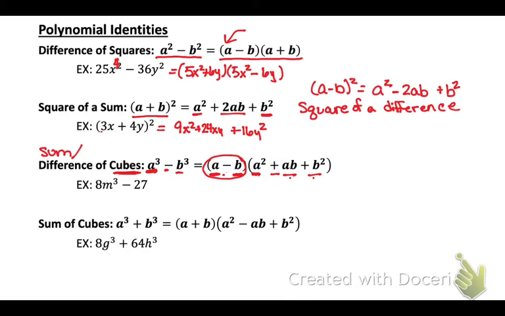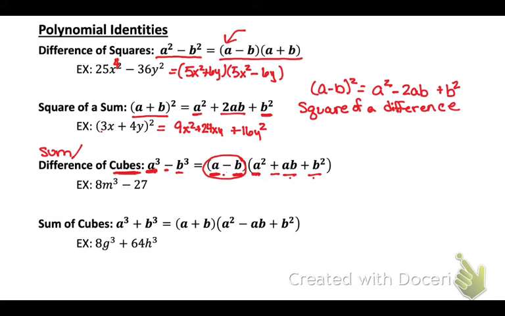So, let's look at the example 8m cubed minus 27. Is 8 a perfect cube? No. Wait. Yes, 2 cubed, yes? Obviously, m cubed is a perfect cube. Is 27 a perfect cube? Yes.